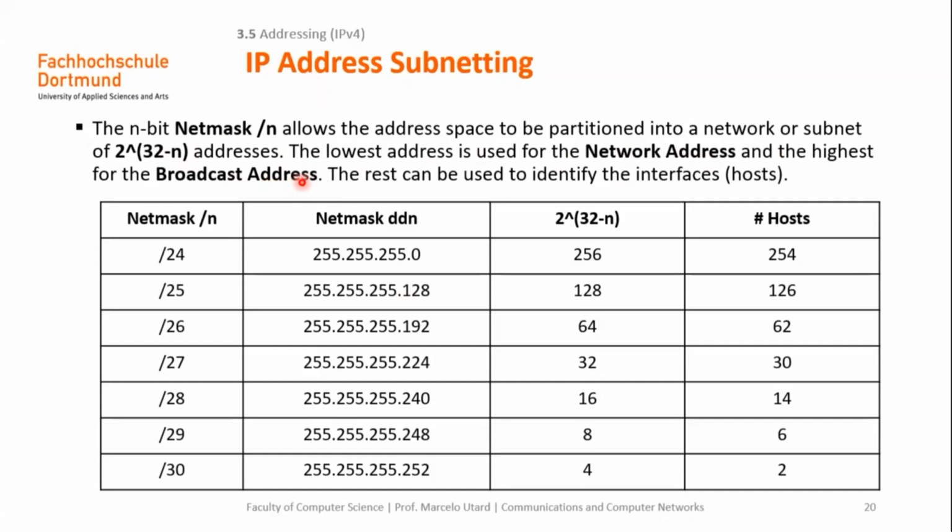And that means that in fact, in the range of 2 to the 32 minus n addresses, we already use two addresses, one for the network address and the other for the broadcast address.